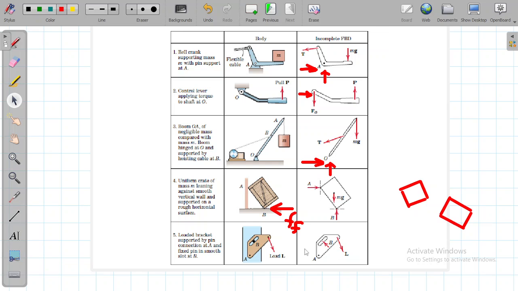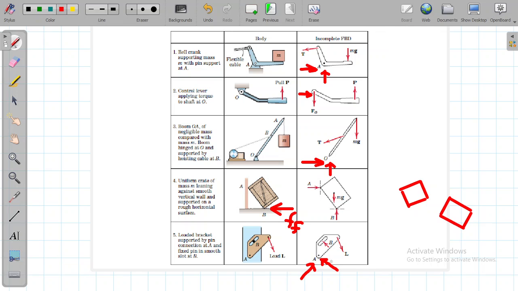So it will have only one reaction. Even though it is called a pin, it is an adjustable pin. Here the load is placed, and this is the pin connection at A. This pin connection will again have two reactions. So you can have one reaction here to complete this FBD, but the pin always has two reactions, so you can put another reaction over here also.